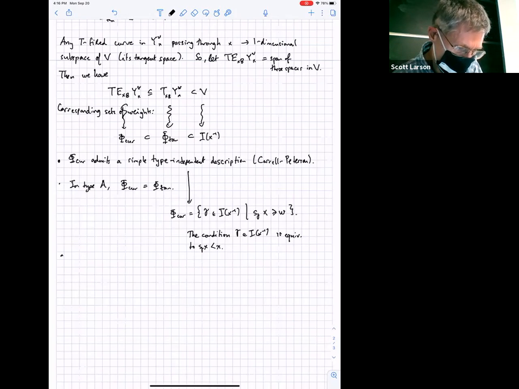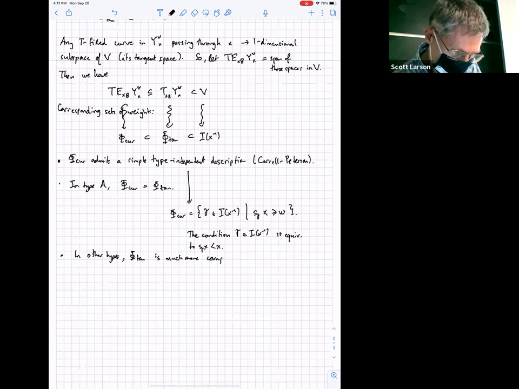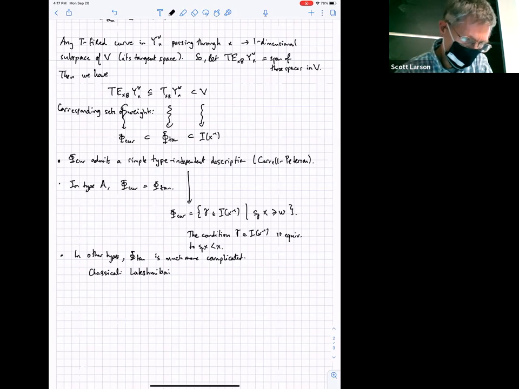But in other types, phi tan is much more complicated. So in classical types, it was described by Lakshmabai. I think in type A, this is basically Lakshmabai and Seshadri.